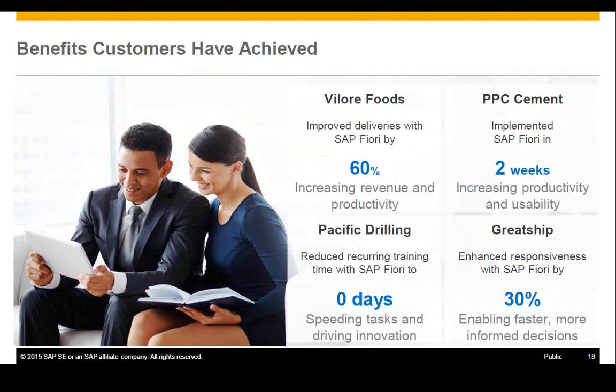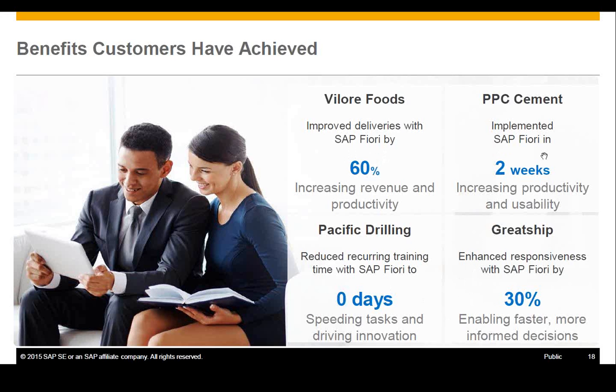What are the business benefits being achieved? Some of the examples, in fact, I met a lot of these companies myself. We did some analytics ourselves. Valor Food and Pacific Drilling, PPC Siemens and other companies improved deliveries with SAP Fiori, increasing revenue and productivity, including a decrease in recurring training because it is fairly intuitive.